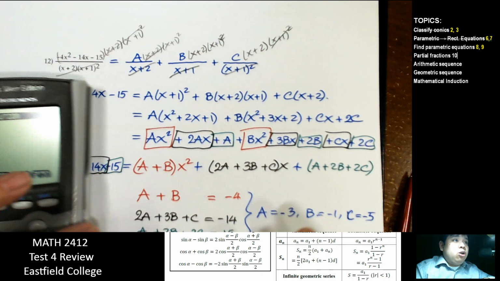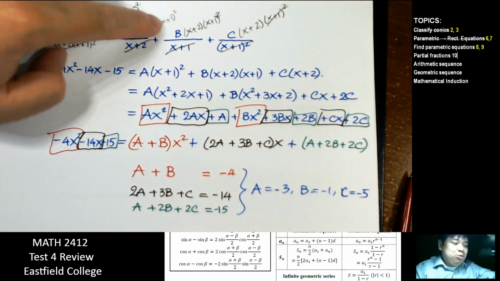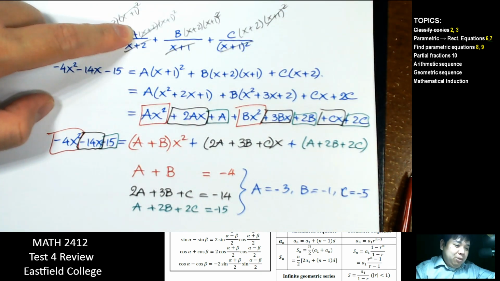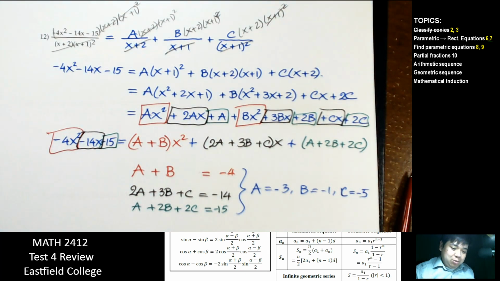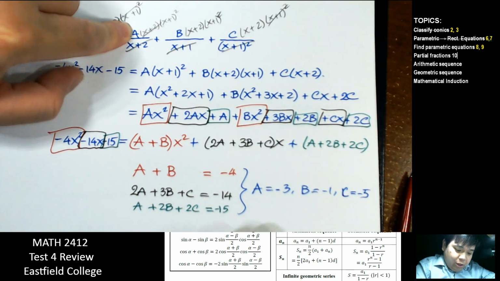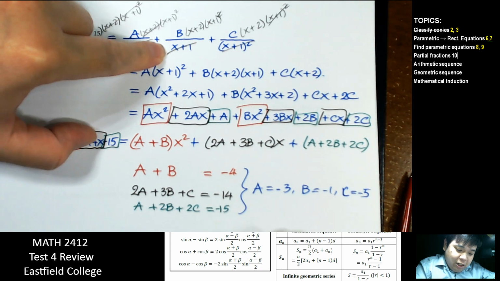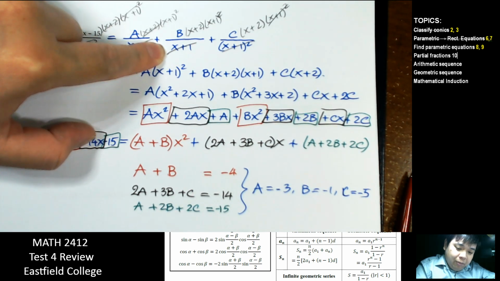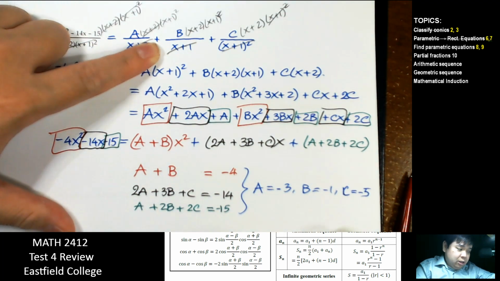Right. Sorry about that. We should have just multiplied the least common denominator like this and canceled what is missing. I should not speed up that step. So A is negative 3, B is negative 1, and C is x plus 1 squared.